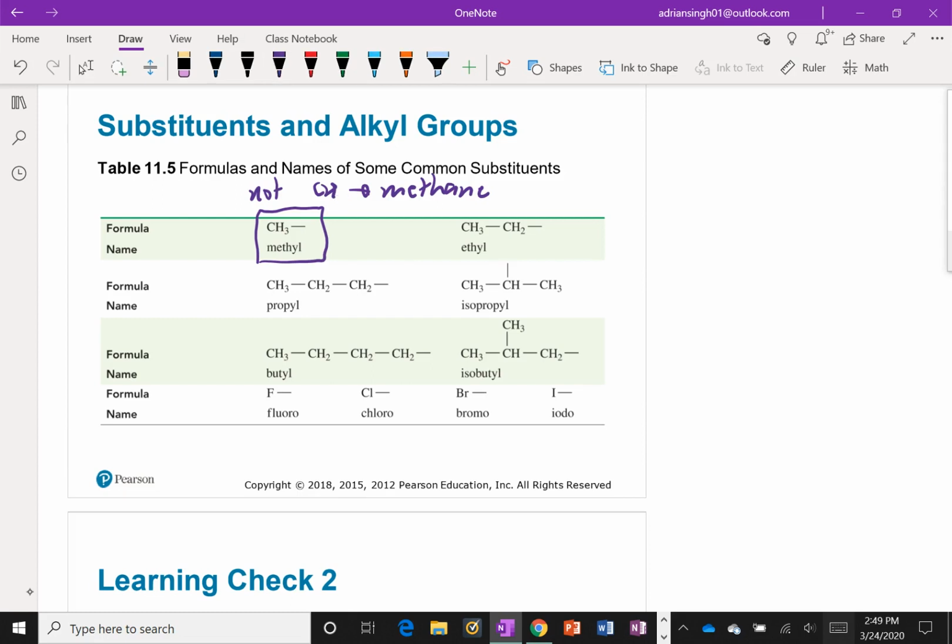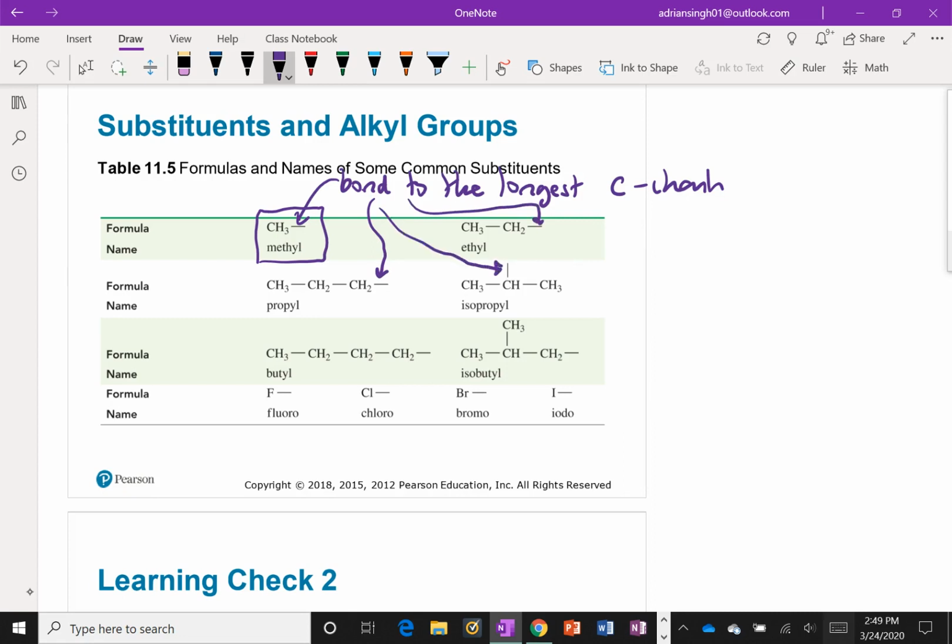We need to take one hydrogen away from it, so we have CH3, and then this line here represents the bond to the longest carbon chain, and that's the case for all of these. Where you see that bond that goes to, it looks like it goes to nothing, that just means that that's where it's connected to the longest carbon chain. And these are the most common ones that we'll see.